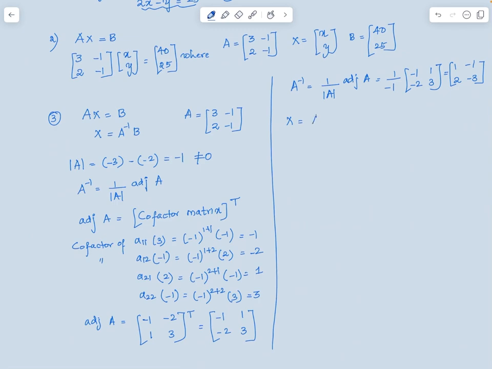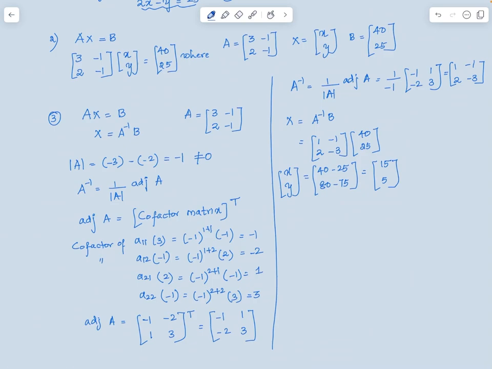X is equal to A inverse B. A inverse is [1, -1; 2, -3] times B, which is 40 in the first row, 25 in the second row. On multiplying this, we get 40 minus 25 and 80 minus 75, which is 15 in the first row and 5 in the second row.